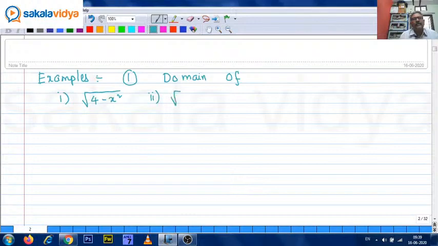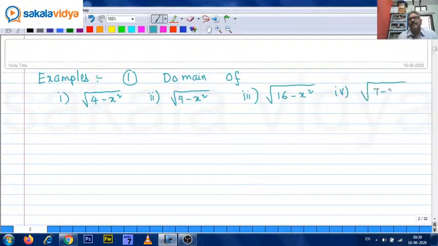Second, root of 9 minus x square. Third, root of 16 minus x square. Fourth, root of 7 minus x square. Fifth, root of 3 minus 4x square.